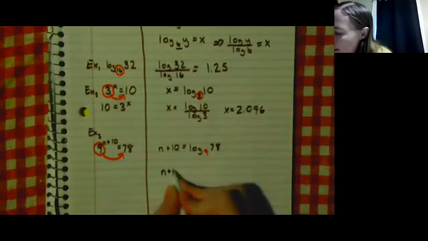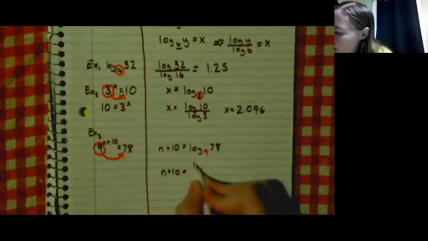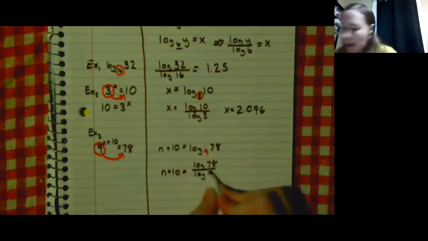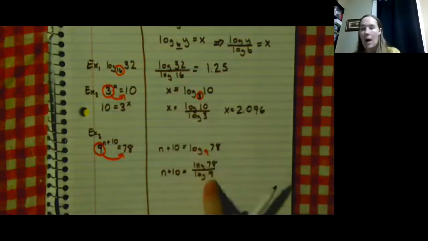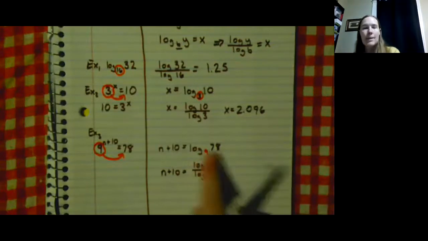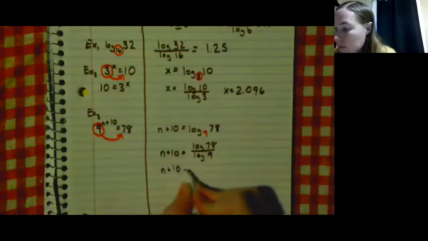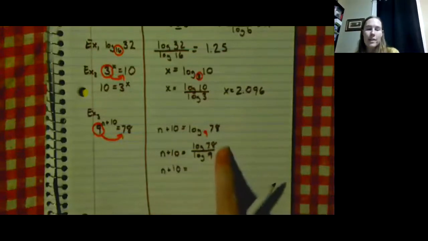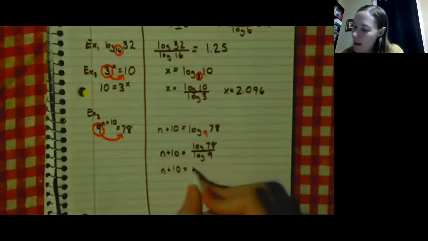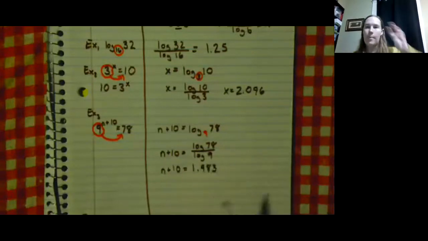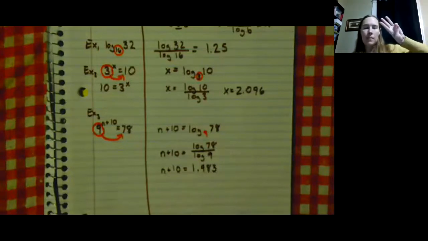So I have n plus 10 equals log of 78 divided by log of 9. So that base goes to the bottom. I put this part into my calculator. So n plus 10 stays the same. I haven't done anything with it yet. I do log 78 divided by log 9, and I'd get about 1.983. Remember, I'm using 3 decimal places.